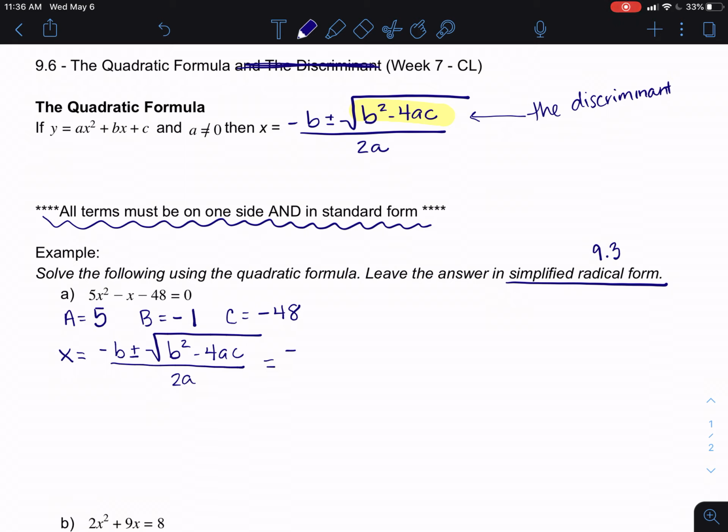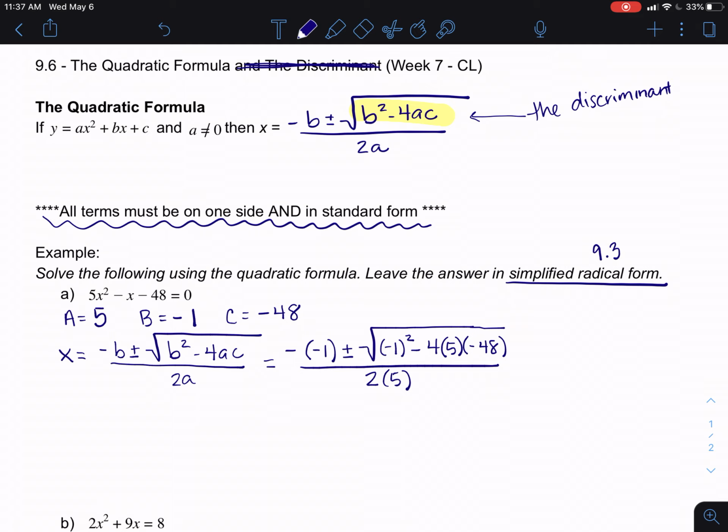So we have negative, and our b value, negative 1, plus or minus the square root of negative 1 squared minus 4 times a, which is 5, times c, which is negative 48, all over 2 times 5.